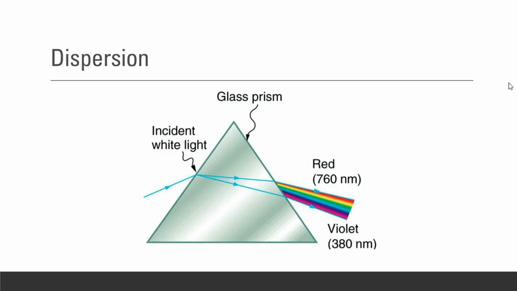You get different colors traveling at different rates, and so they bend by different amounts as they travel through the prism. So you can get a spread of colors out of a combination of colors. And this is very important.